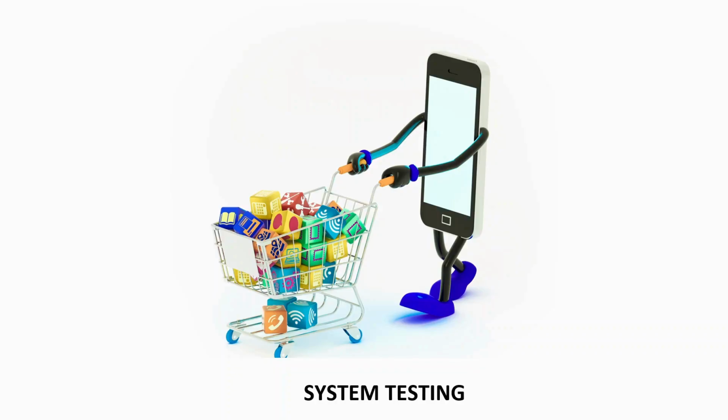Once the different modules of the software are integrated and tested, then the system testing basically starts. The main focus of system testing is to test the complete system end to end.